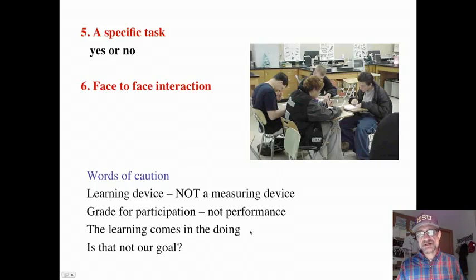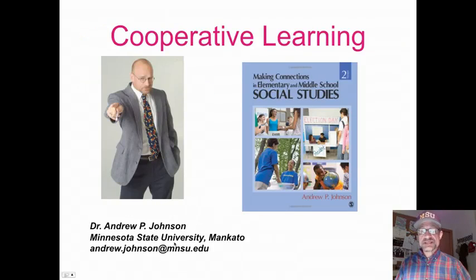That's what we're about. Learning. Schools are to learn, not to get measured. Is that not our goal? To learn. All right, this has been a short overview on cooperative learning. You will get some of the specifics and some specific activities in the next 2 videos.